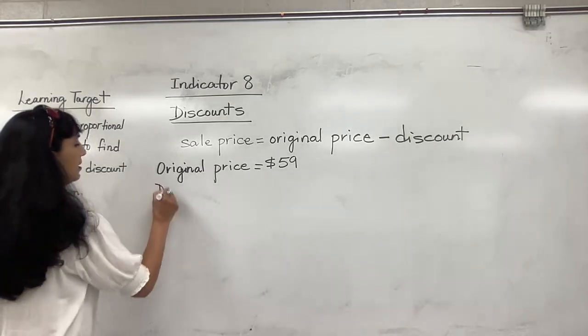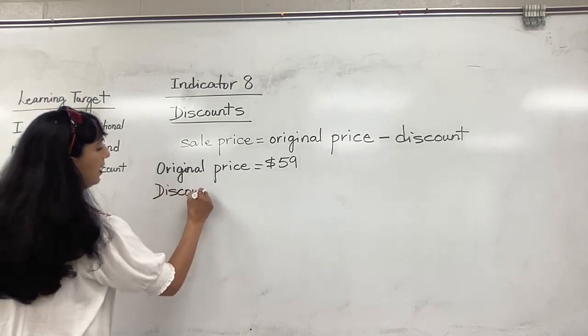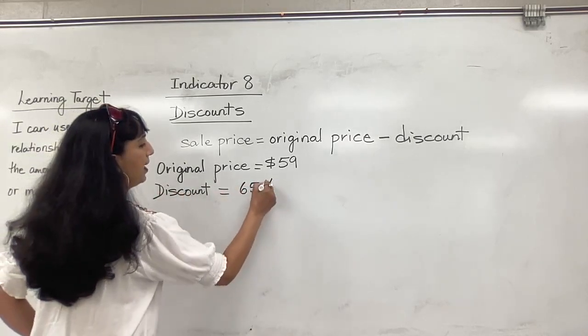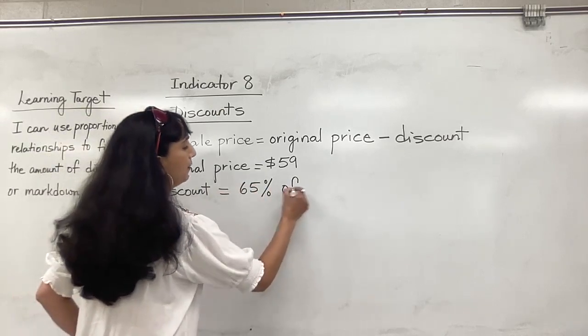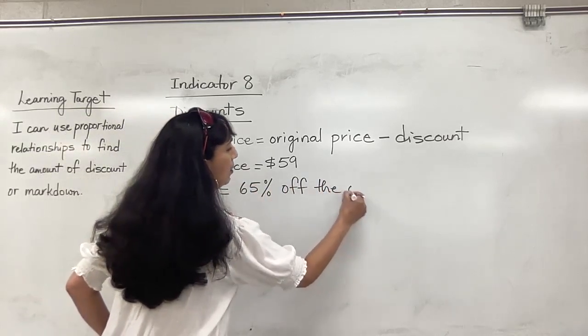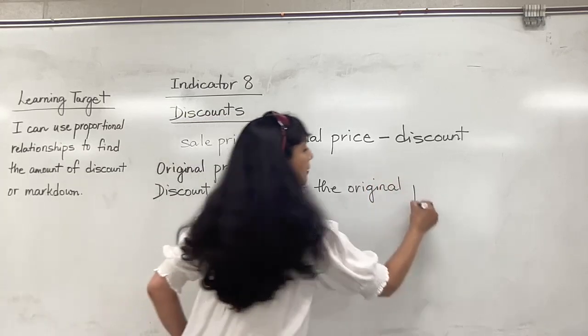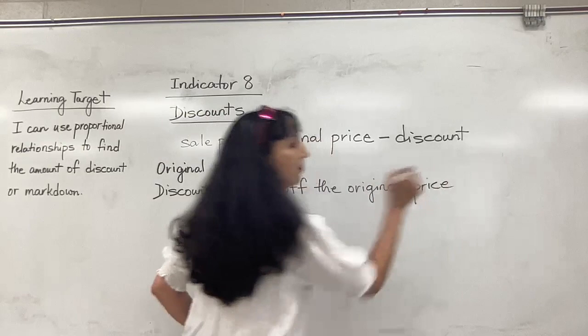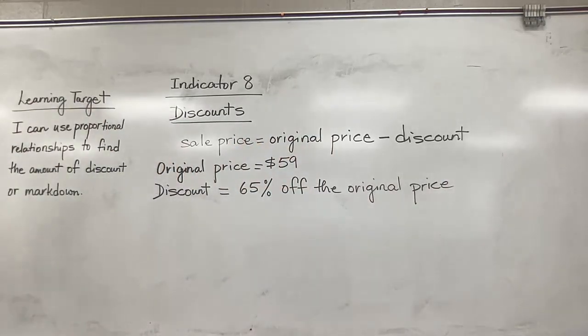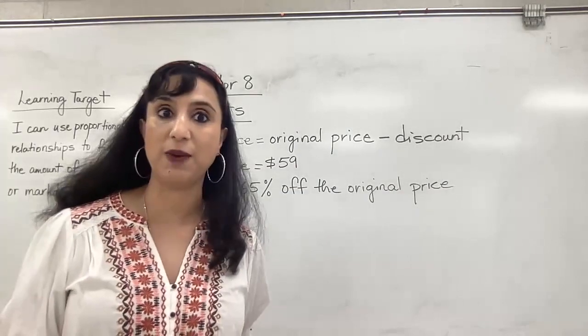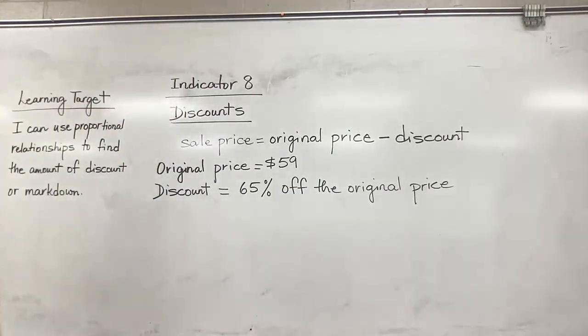So that is the discount or the sale. Okay, so I am going to show you two ways that we can do this problem. All right, actually, I'll show you three ways, so then you can pick and choose which one works best for you.